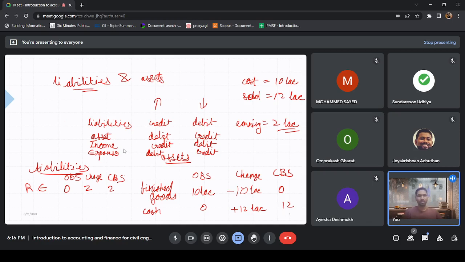So what is happening is that in terms of companies, when we are talking about expenses, generally we are using it to buy the stock, I mean raw material, or pay for the wages, right? If you are paying through these expenses for these items, some raw material, some stock is increasing, or the value of stock is increasing in case of work in progress or finished goods.